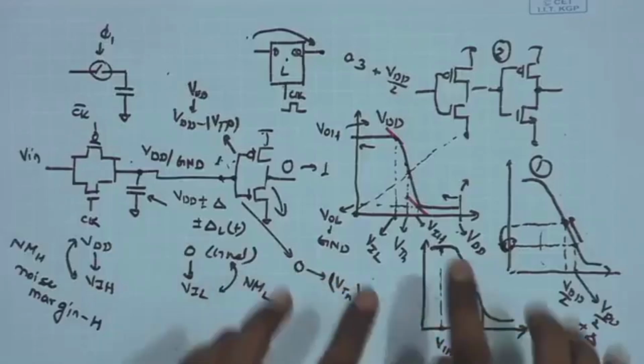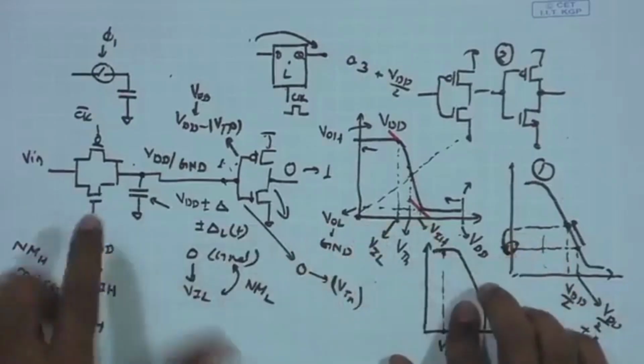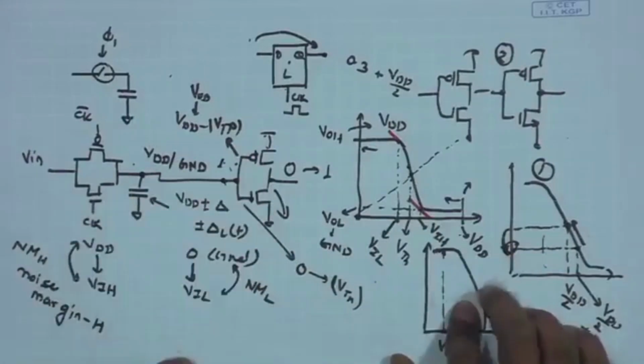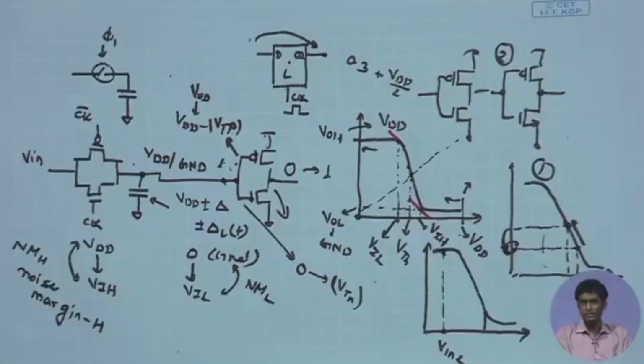But in digital circuit, this noise margin phenomenon which is dictated by the transition of this inverter gives us a much wider room. It can tolerate much bigger noise, even if the signal level is changing by few hundred millivolt, it is still safe, the logic level is still preserved. So, this is an important distinction between the analog operation and the digital operation, because in digital operation we are concerned only with logic high level or logic low level.